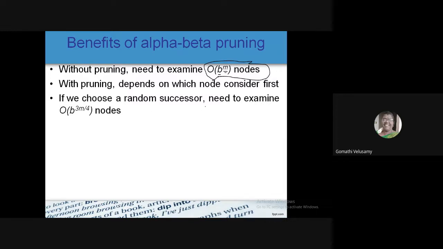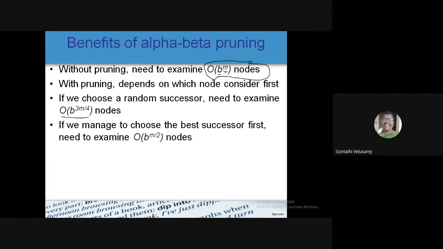As you recall from the earlier diagram, we introduce first successor B, then second successor C, then third successor D. Like that, you are not examining the entire successor list. You are going to examine only a randomly chosen partial set of successors of that game tree. So obviously, it is going to be reduced by 3/4 of your original number of iterations on passing through your game tree for announcing who is the winner of the game.